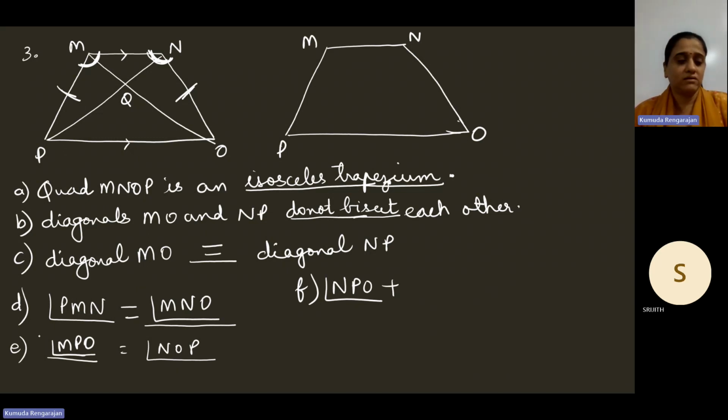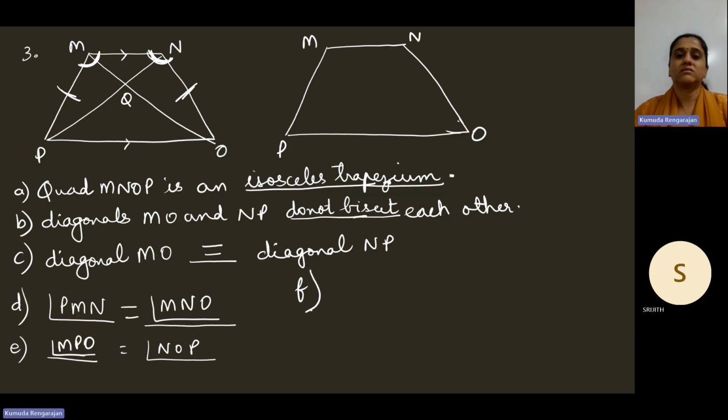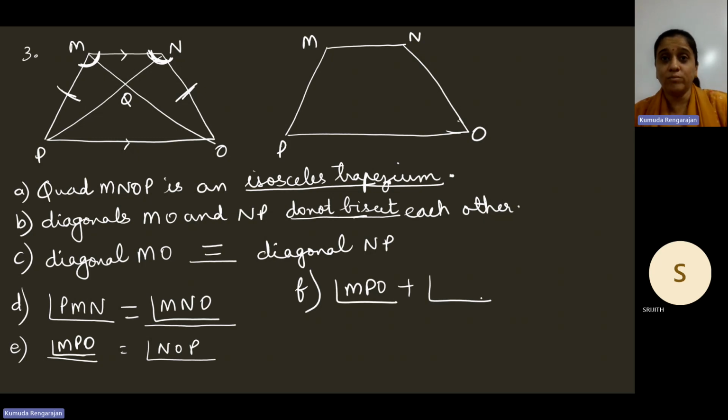Which angle? MPO and NOP. Where's the C? For co-interior, when two angles add up to 180, they are co-interior angles.